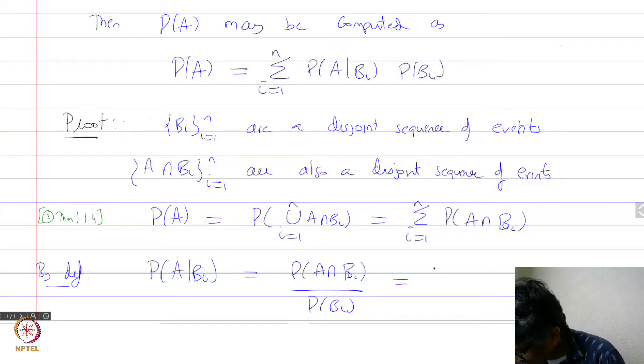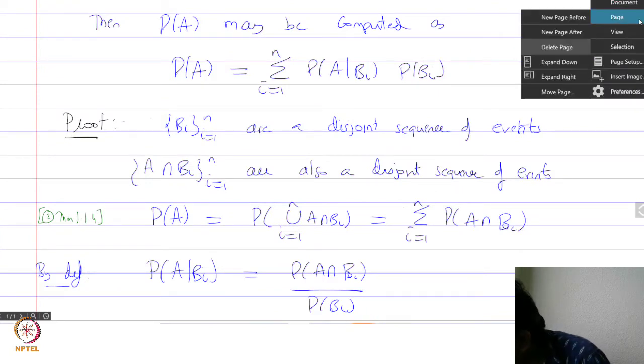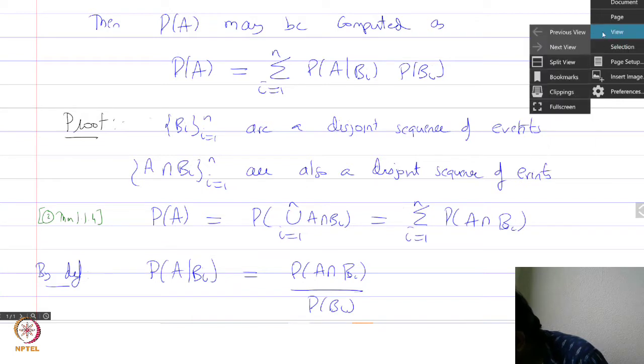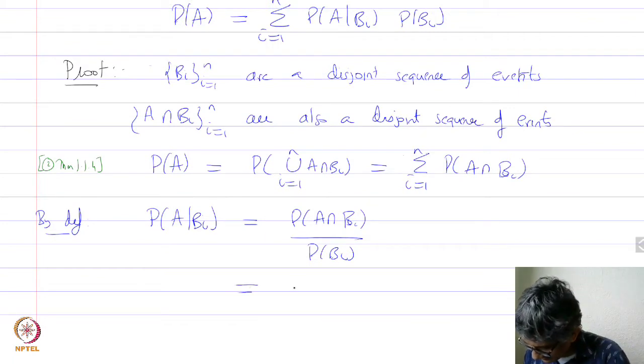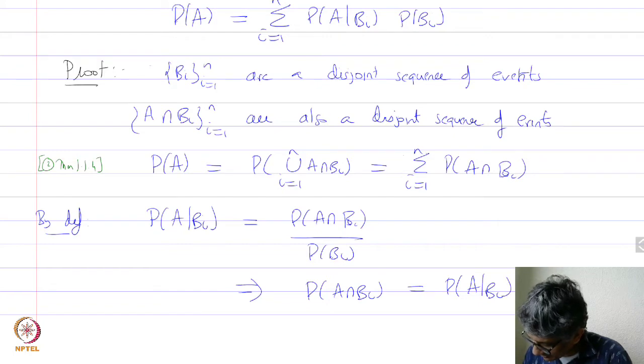That's the same as saying that the probability of A and B sub i is equal to the probability of A given B sub i times the probability of B sub i.